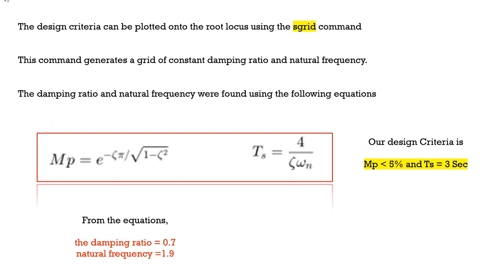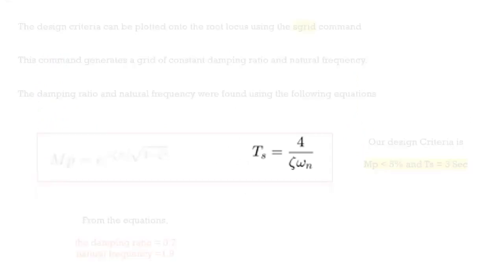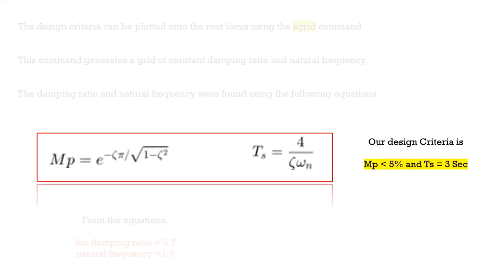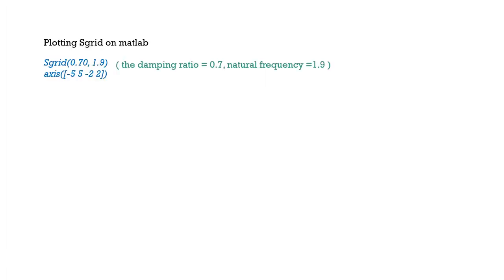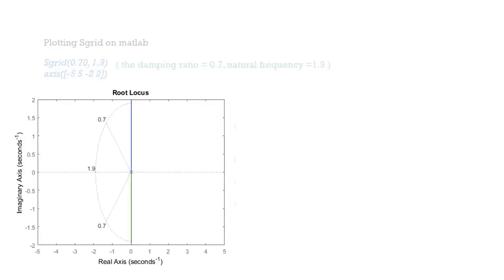Note that the equation with settling time is found by assuming the system has settled when the response remains within 2% of the final value. From these equations, the damping ratio and natural frequency were found to be 0.7 and 1.9 respectively. Then add the following code to your MATLAB and run it. You get the output like this.